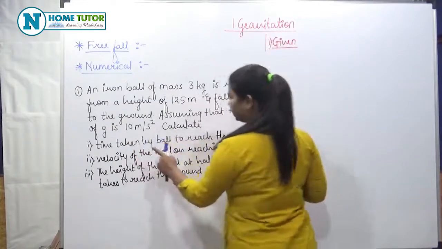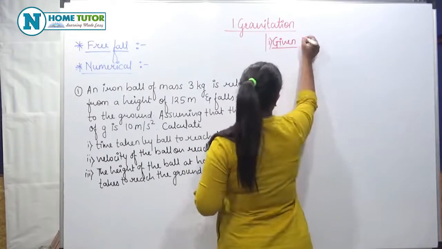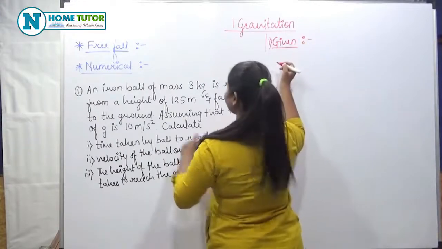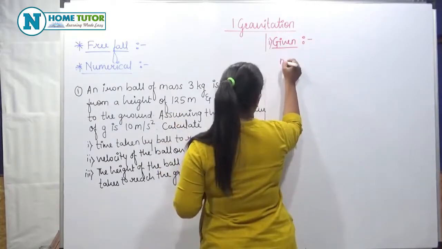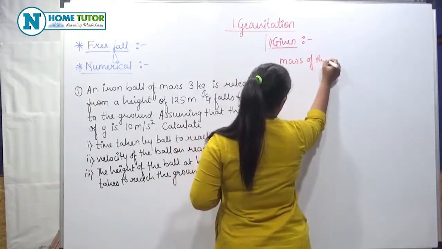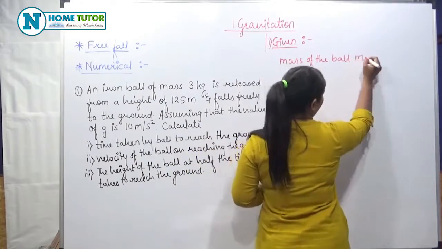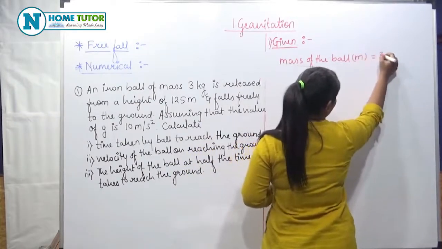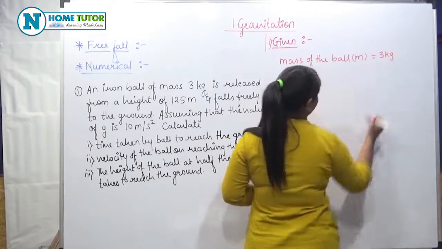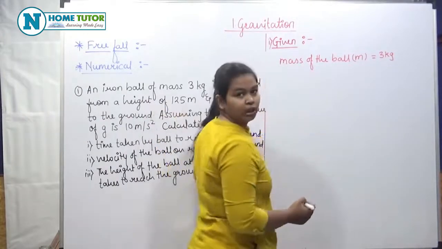First we'll calculate the time taken by the ball to reach the ground. So what is given? Mass of the ball, that is m is equal to 3 kg. Then it is released from height 125 meters.